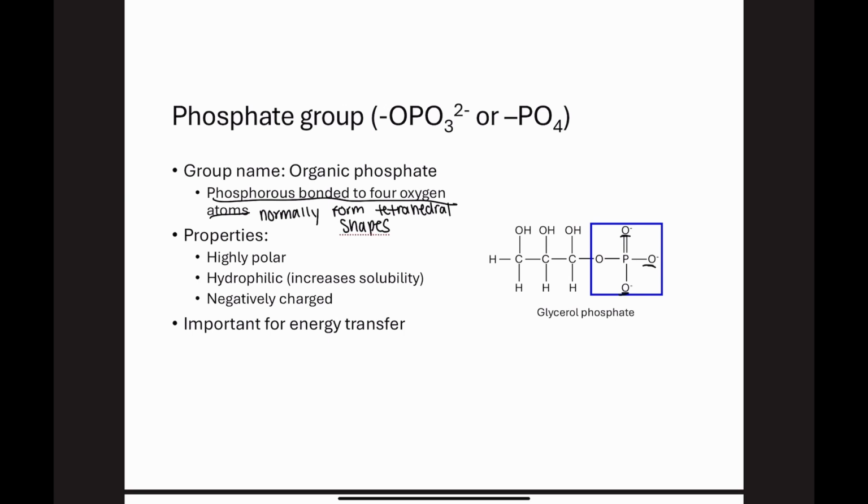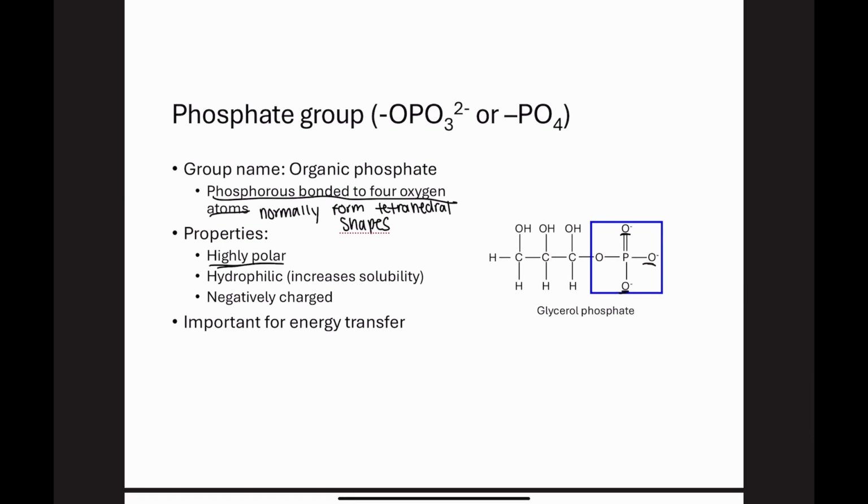And the key properties of our phosphate group are that they are extremely polar and that they carry negative charges. And because of this polarity, because of their charges, it's going to be really hydrophilic as well.